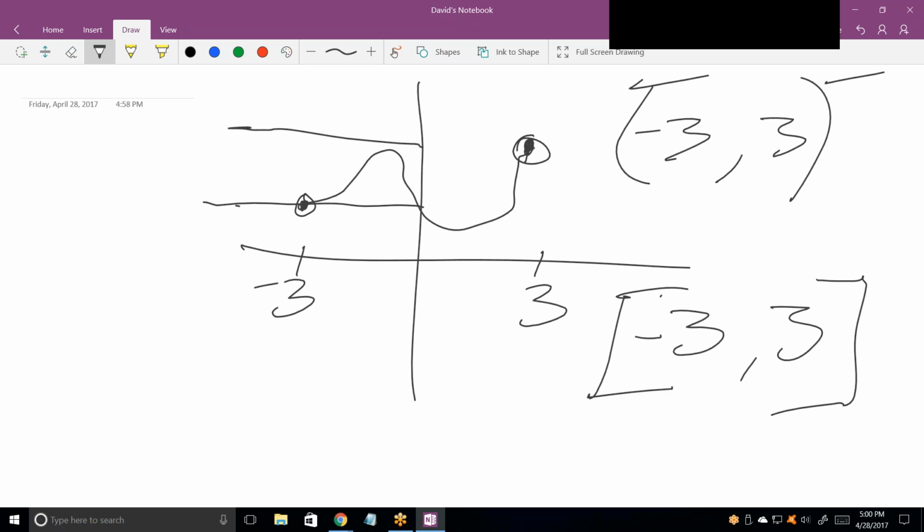Well, not quite. There's the minimum value. There's the maximum value. So that's the range right there. Okay. -4, 2, 4. Okay.